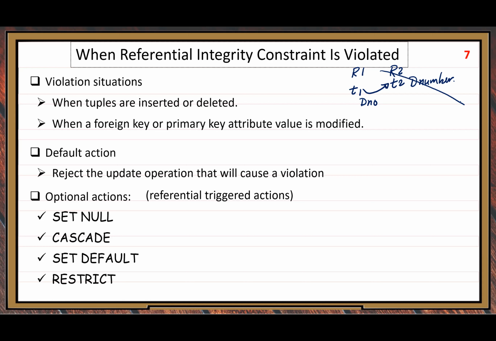Restrict, the last option, is just the default option: reject the update operation. That corresponds to restrict. Although it's the default, if you want to declare it, you can use the restrict option.